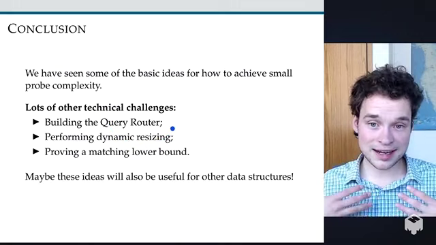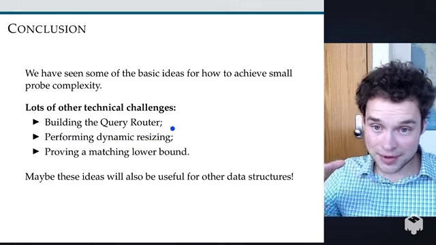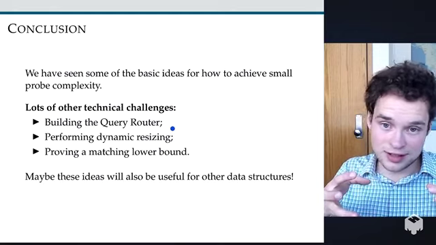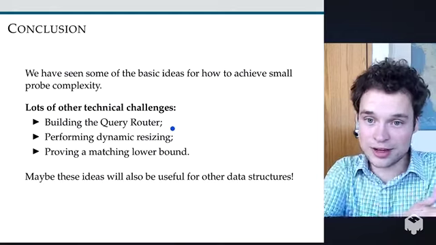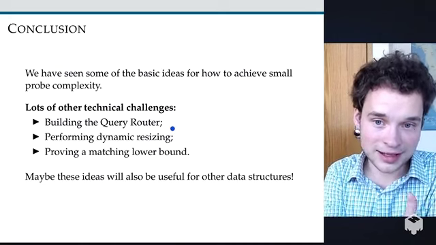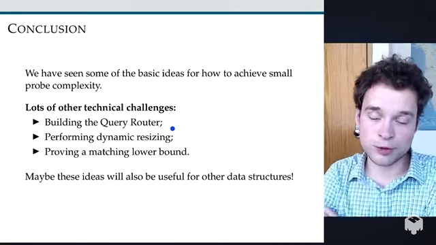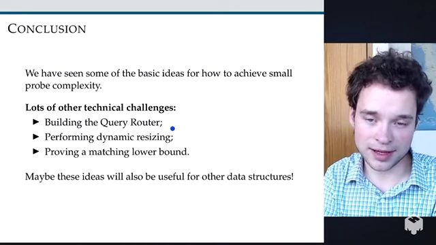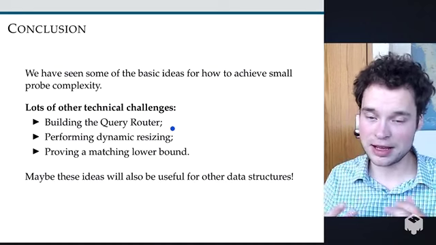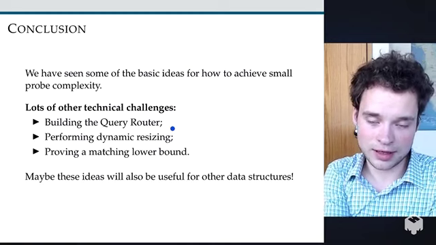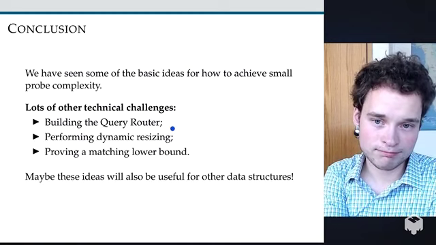Another big problem is dynamic resizing. How do you adapt as the size of the data structure changes? Doing that without introducing additional space overhead ends up being a really interesting technical challenge. And finally, there's the question of how to prove the matching lower bound for the probe complexity problem. That ends up being one of the big technical pushes in the paper.